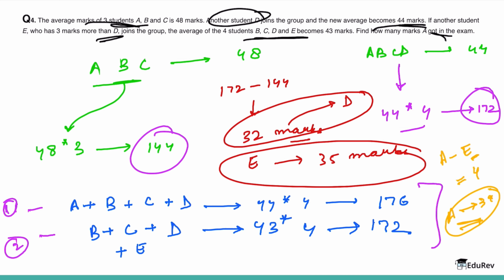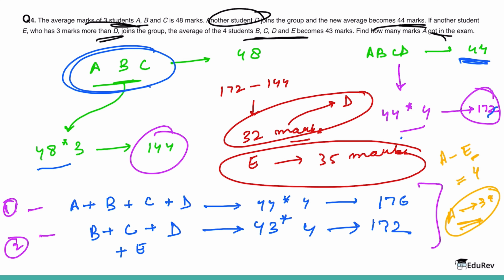It was pretty simple, but let me tell you once again what we did. ABC's average was given to us, that was 48, so I multiplied it by 3 and got the total marks. ABCD's average was given, that was 44, so I multiplied it and found the total marks.